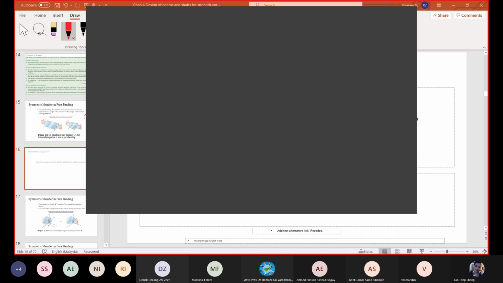We are going to get the table of all the equations for bending moment. Flexural formula for beams, or bending. Flexural means bending moment formula for beams. Now we are going to get the standard equation for bending, pure bending.